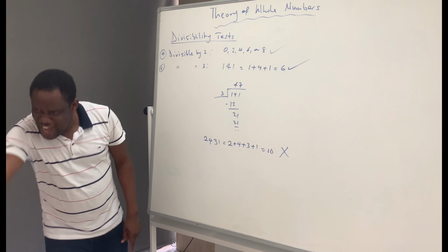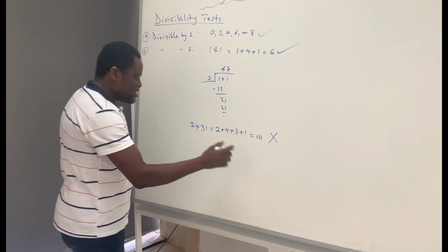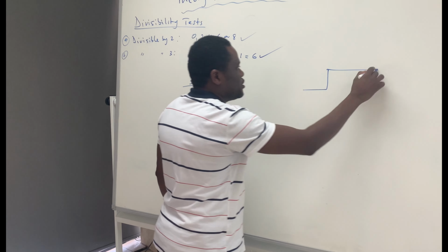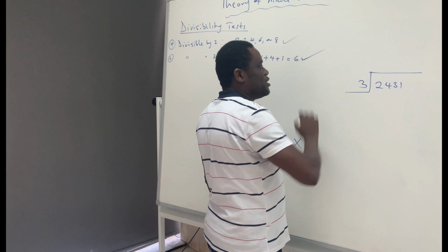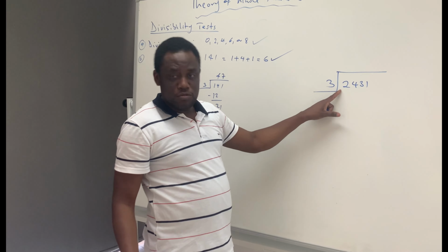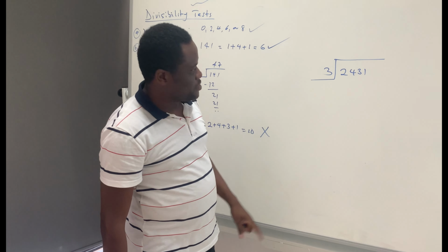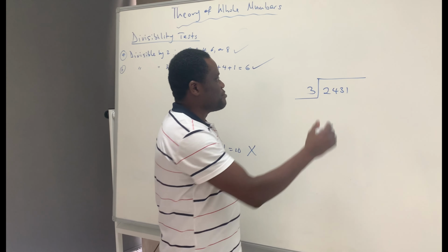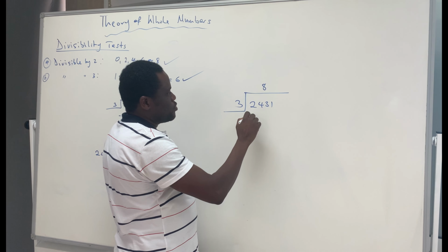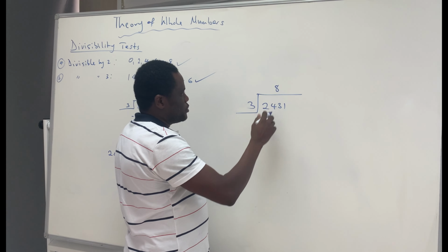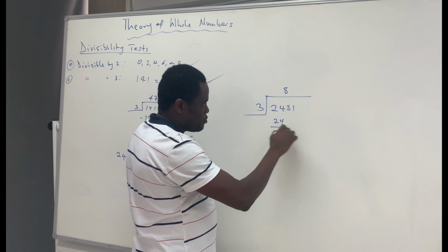So let's try it. 2431 divided by 3. Now 3 goes into 2, no. In 24? Yes. How many times? 8 times. Multiply it. We have 24. This is gone.